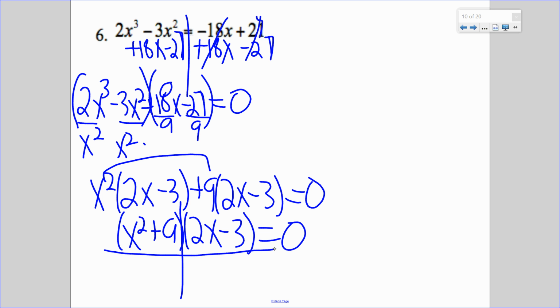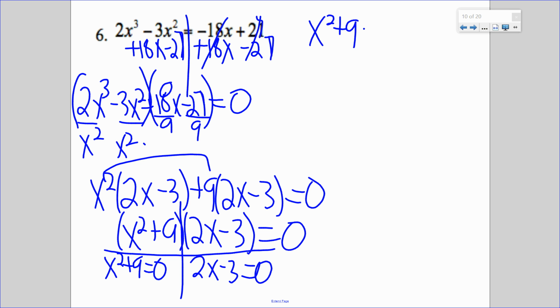So I'm going to set each factor equal to 0. I'm going to set x squared plus 9 equal to 0. I'm going to set 2x minus 3 equal to 0. Now I'm going to solve each of them. Now for the x squared plus 9 equals 0, you have a couple of options, but your best option when you just have x squared and an integer is to isolate the square root.